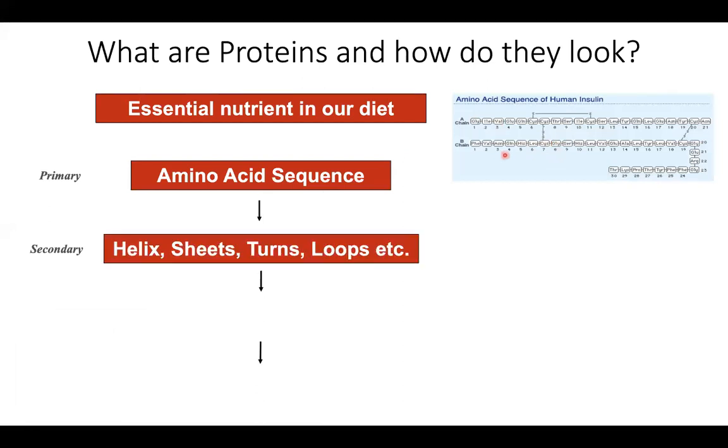Next, some part of this sequence might give rise to alpha helix, beta sheets, turns, loops, etc. So secondary structure is basically when a small part of the primary sequence folds to give rise to some structure. This is a typical example.